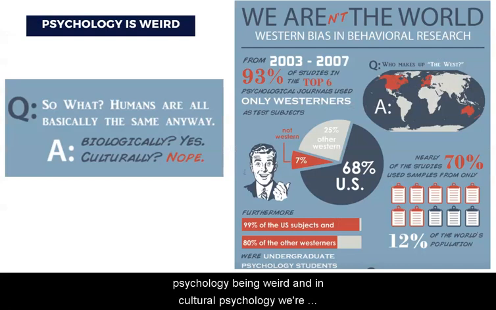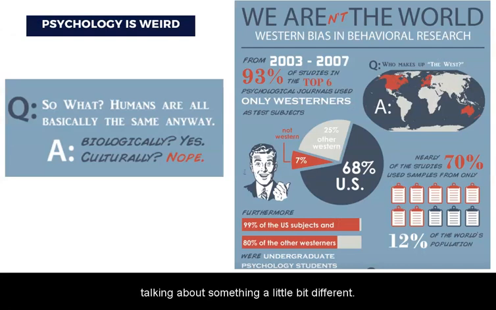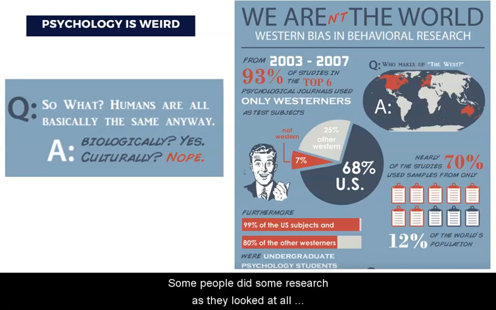But when we talk about psychology being weird in cultural psychology, we're talking about something a little bit different. And let me tell you why. Some people did some research, and they looked at all the journal articles between 2003 and 2007 in all the top tier journals.